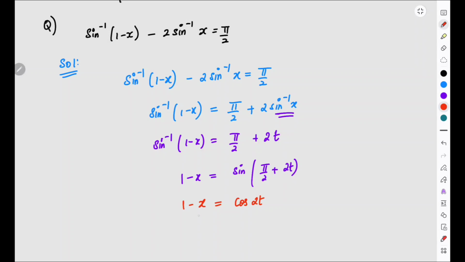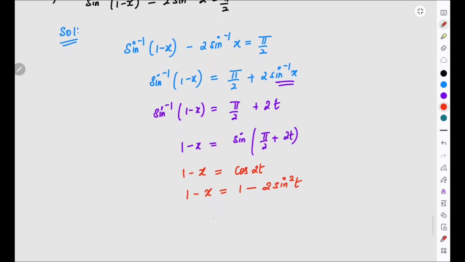Cos 2t is equal to 1 minus x. So this can be written in terms of sine also again. 1 minus x is equal to 1 minus 2 sine square t. So here we get 1 minus x is equal to 1 minus 2 sine square t, see, we have written sine inverse x is equal to t, right? So x is equal to sine t.